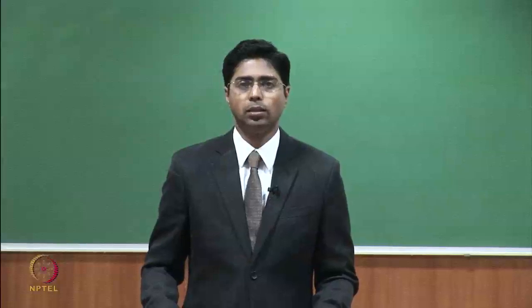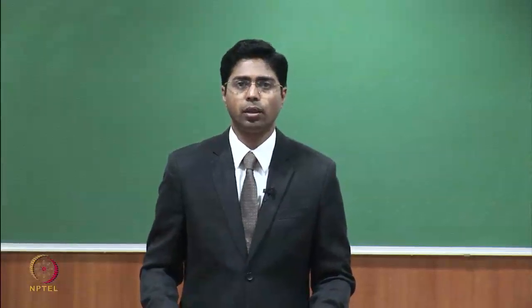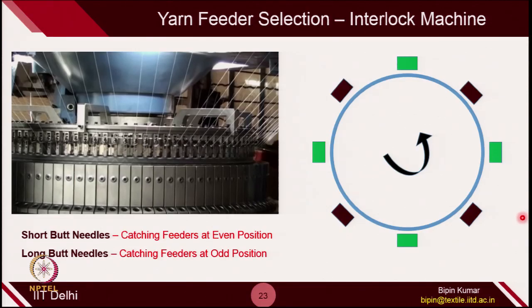Okay, now let us see the yarn feeder selections, because you have different cam tracks for short butt needles and long butt needles. Naturally, whenever you take a snapshot, only at a particular location one kind of needle will be active.